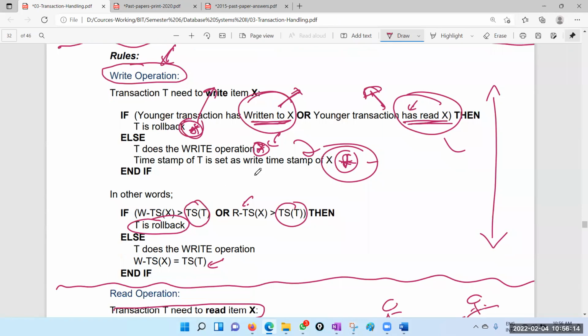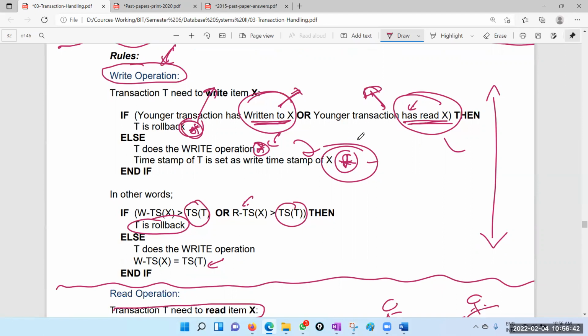So in write, again the idea is that younger transactions are given the priority. All the older transactions have lesser priority. That is why you are always looking at the timestamp. In read, you look only at the write timestamp. In write, you look at both the read and write timestamp.